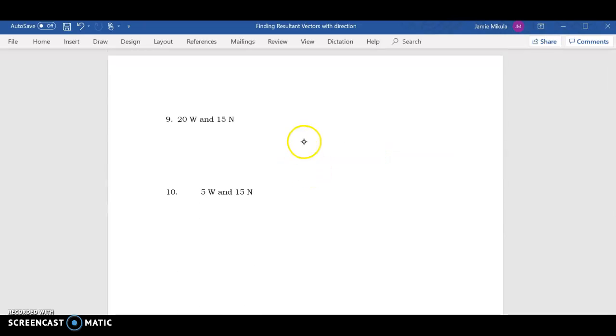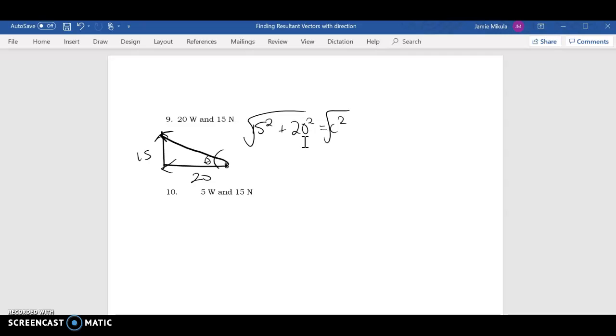Number 9, you're going 20 west. Head to tail, you go 15 north. Your resultant will be that line right there. This is the angle that you're looking for. So 15 squared plus 20 squared equals c squared. Take the square root of both sides, and you get 25. So that's the magnitude of this line right here. Can't stop there. You have to find the direction.